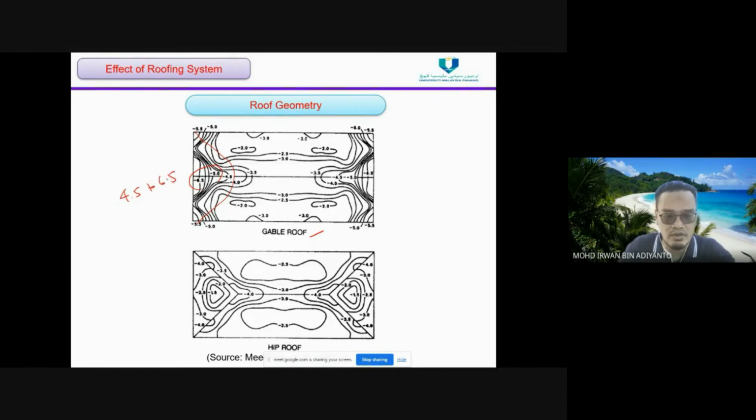That's why when we change the gable roof to a hip roof, the pressure here can be lowered to between 1.5 and 4.0 only. This is the difference between the pressure on the hip roof and the gable roof.